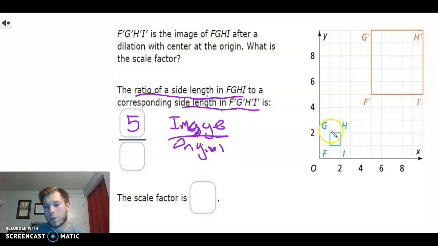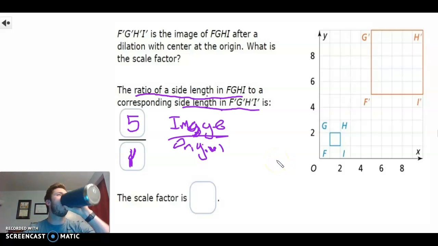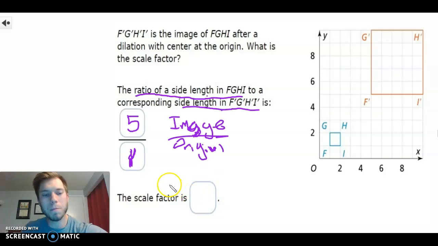And when I look at the original, I have to look at the same corresponding side length. I was looking at G prime to F prime, now I have to look at G to F, and that is 1 unit. So the ratio is 5 to 1, which makes the scale factor 5.